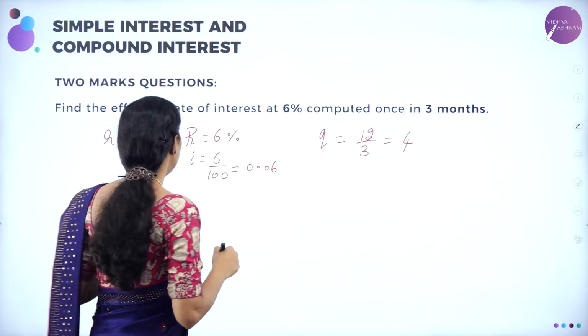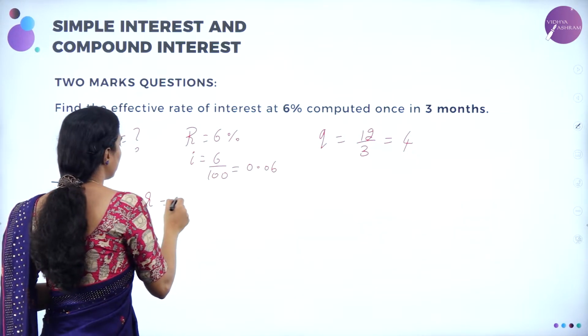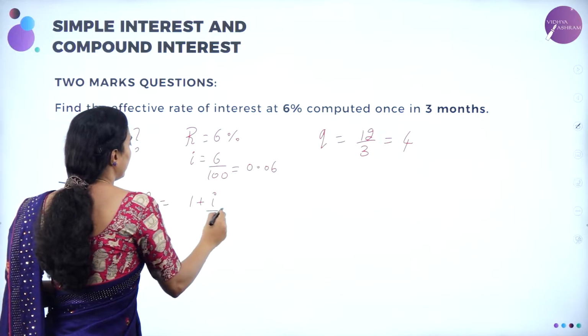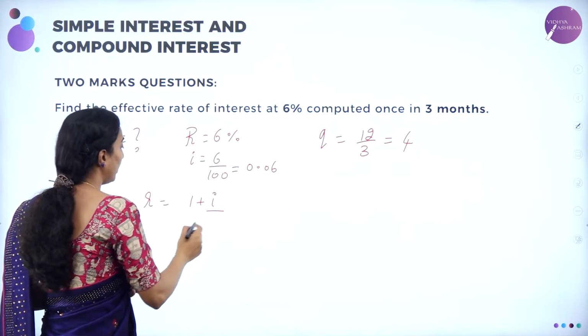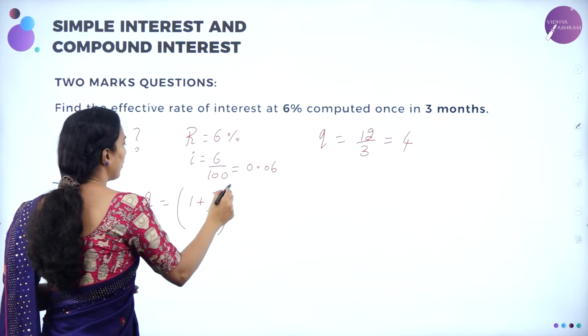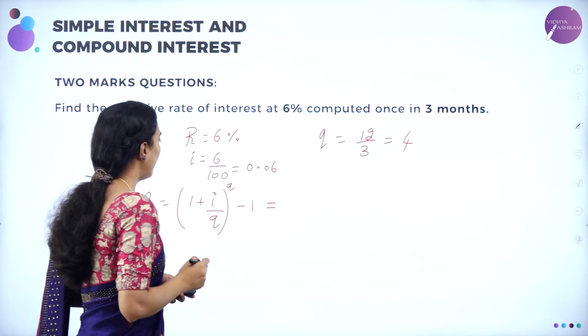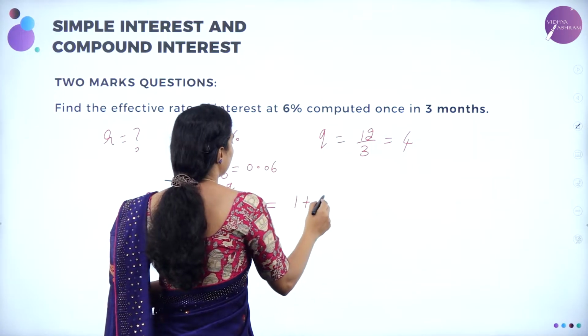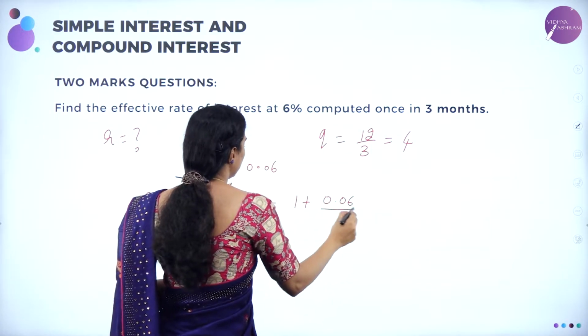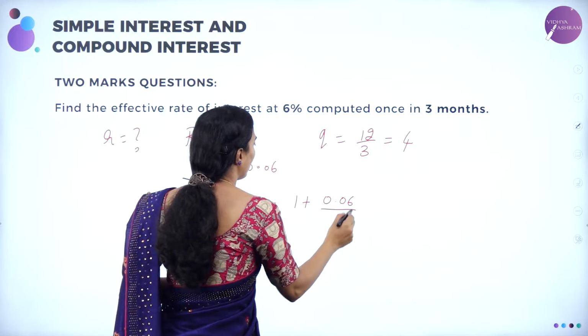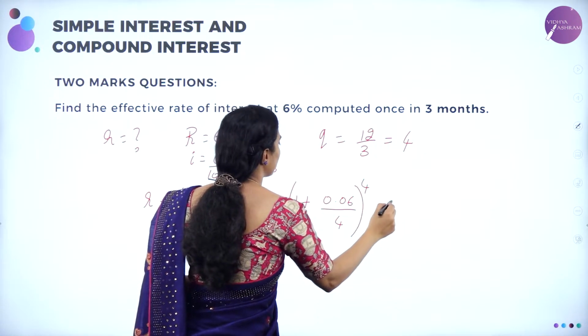Let me use the formula. r is equal to (1 plus i divided by Q) to the power of Q, minus 1, which is (1 plus 0.06 divided by 4) to the power of 4, minus 1.